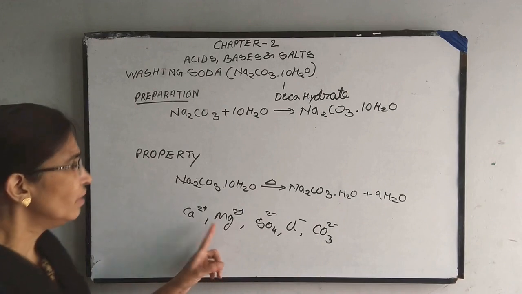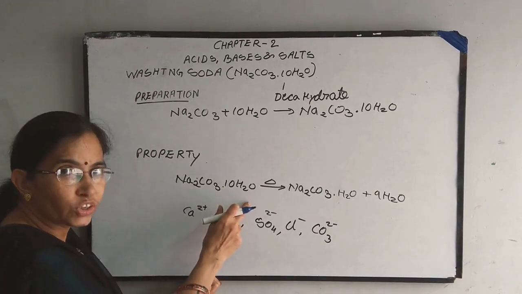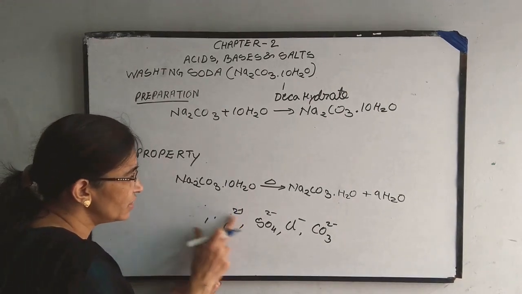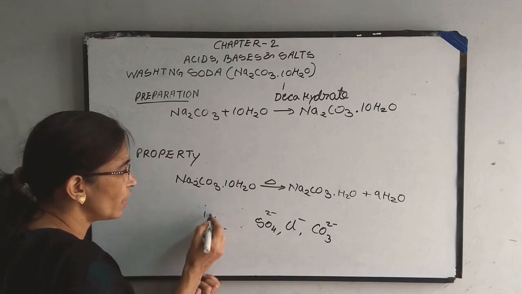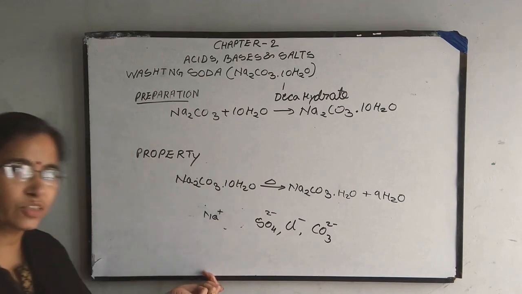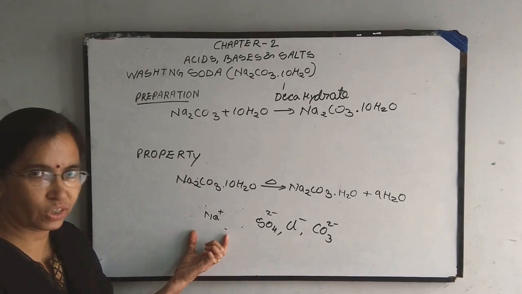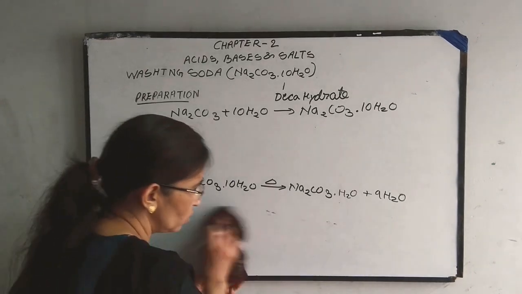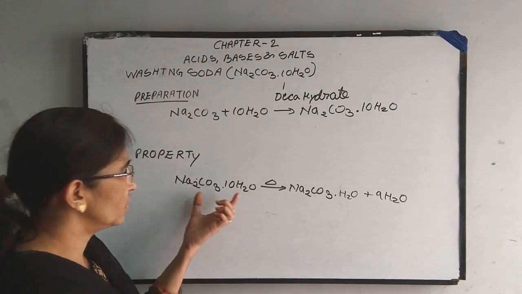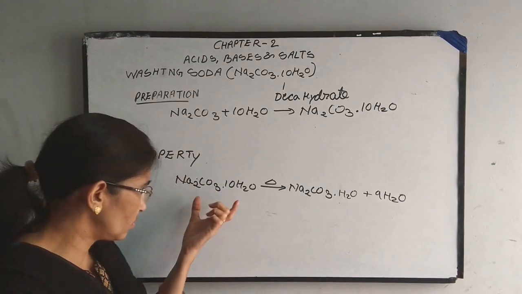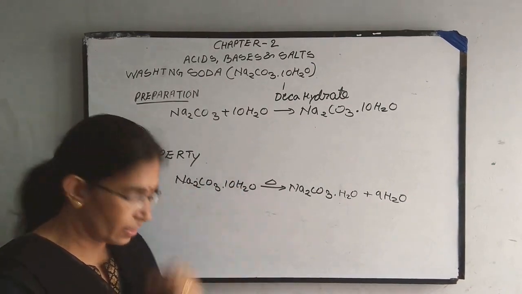When we treat it with washing soda, the calcium and magnesium ions are replaced by sodium ions, and whenever sodium ions are present in water, we call it soft water. So washing soda is used in the removal of permanent hardness of water.